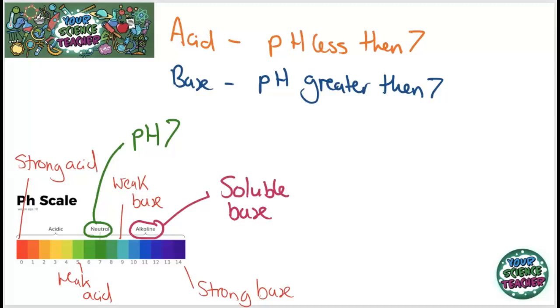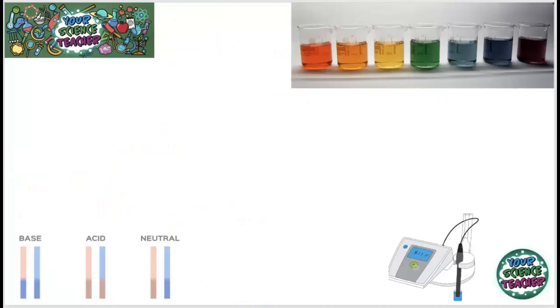Well, we actually work out the pH of acids and alkalis using what is called universal indicator. And this changes the colour of my acid or base into a colour which matches the pH scale. So over here we have our strong acids.